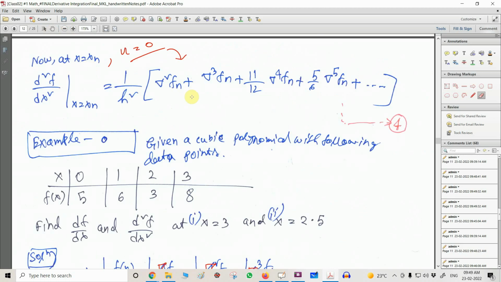Write this example down: given a cubic polynomial with the following data points, x equals 0, 1, 2, 3, and f(x) values as given. Find df/dx and d2f/dx2 at x equals 3 and x equals 2.5. This problem we will now be solving.